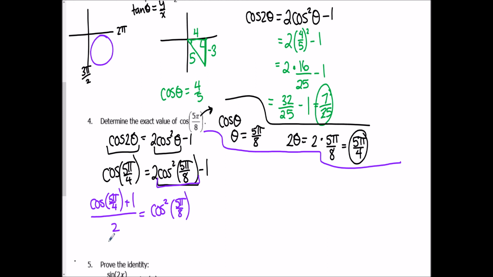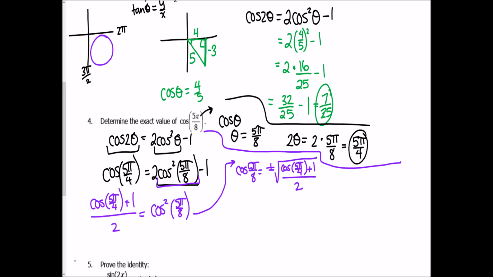Then I can square root both sides, and I can see right here that the cosine of 5 pi over 8 is going to equal plus or minus the square root of cosine of 5 pi over 4 plus this 1 all over 2.